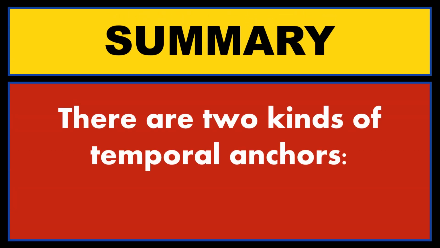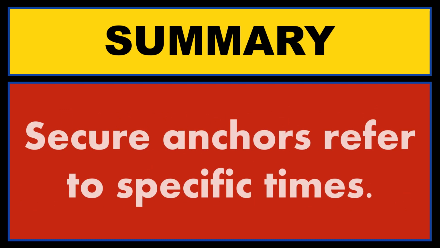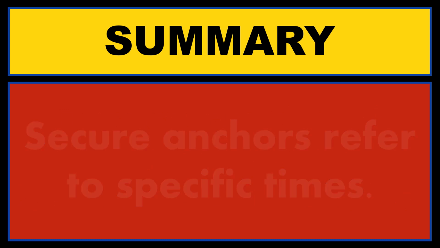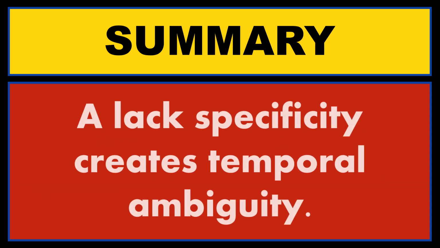Let us wrap up with a quick summary. There are two kinds of temporal anchors: secure anchors and dragging anchors. Secure anchors refer to specific times. Dragging anchors are linked to the text. A lack of specificity creates temporal ambiguity with respect to dragging anchors.